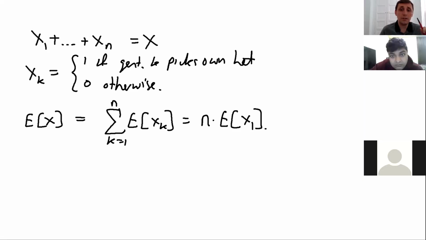Now, what's the expected value of x1? So it's n, 1 times the probability that he picks his own hat. Now, if you follow me, guys, 1 multiplied by what number?